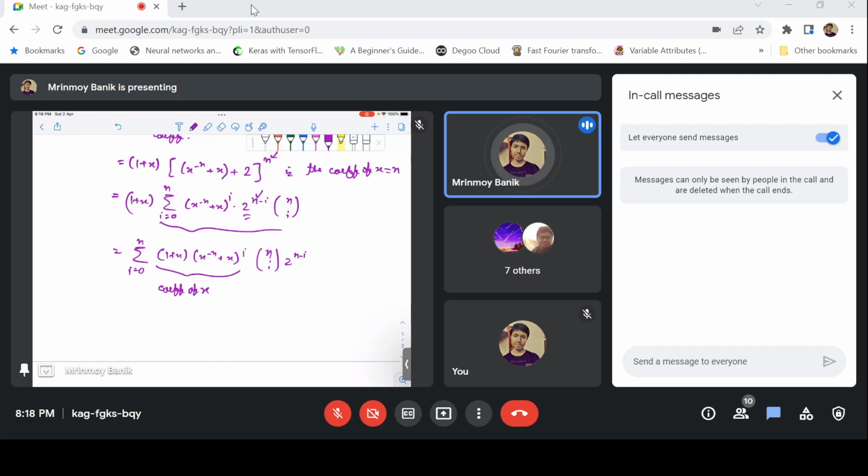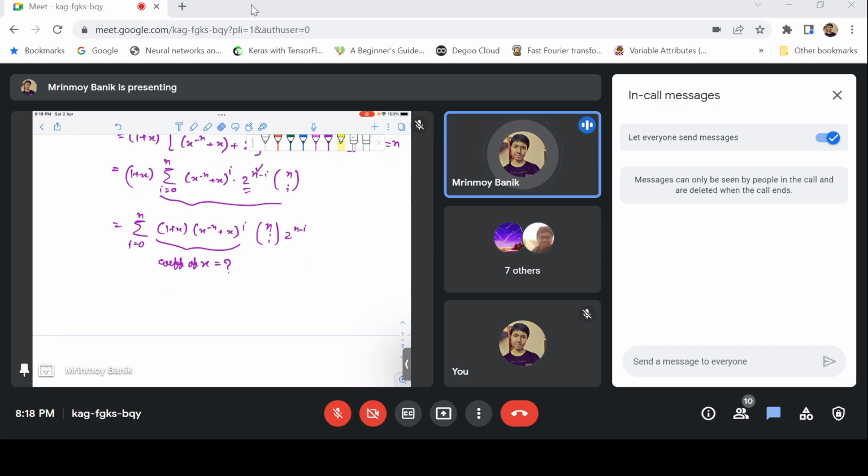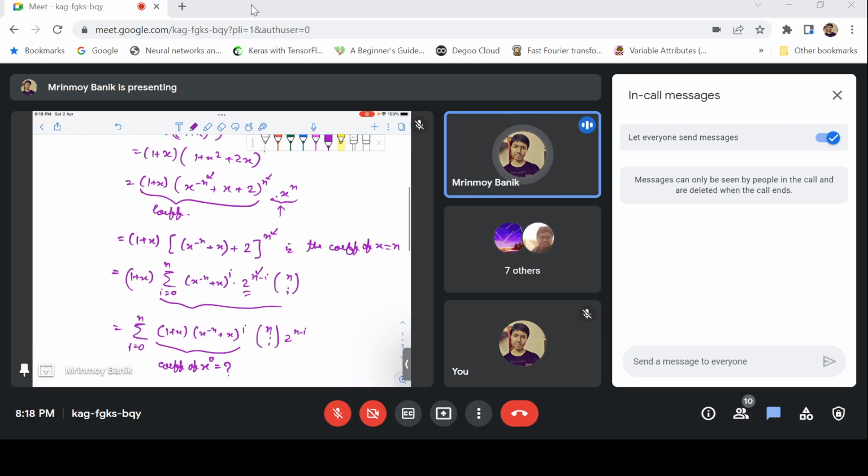What is the constant term here? So the coefficient of x power 0 here. We need to find the constant term in this whole equation. So this is the constant term.